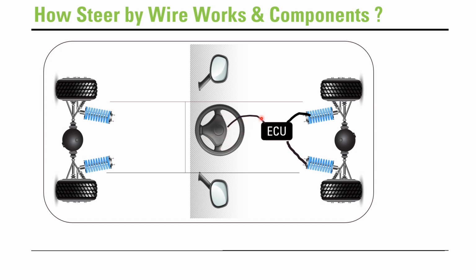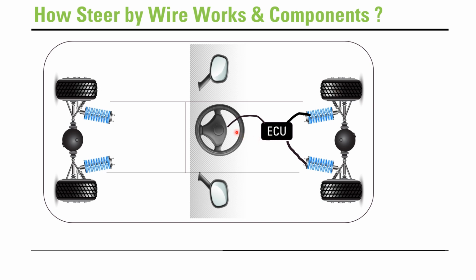So it's a wire connection to an electronic control unit, and from here the angles are delivered to these two motors, and these two motors will be driven independently from the data coming from ECU, and then wheel direction will be changed accordingly. I hope you understand the basic concept.